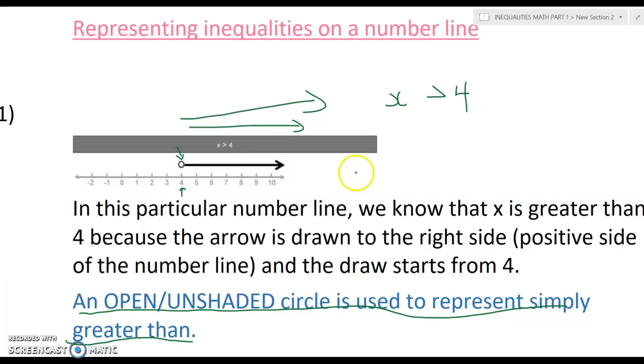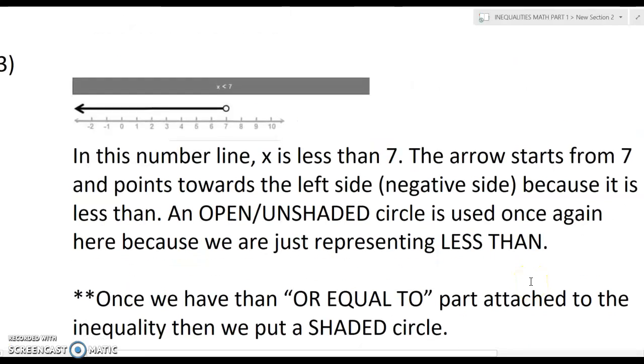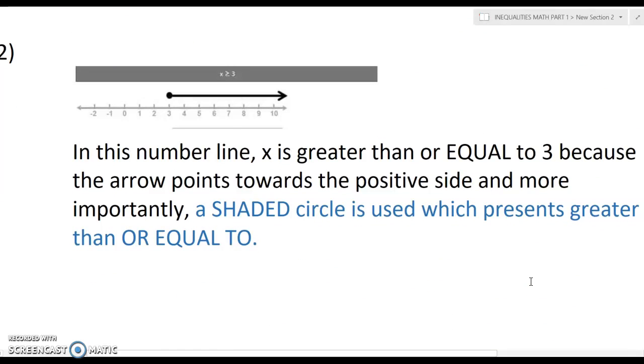Now let's go down a little bit, to number 2. For this one it says x is greater than or equal to 3. It starts at 3, but here we have a solid, shaded circle, and it's moving towards the positive side, the right side.